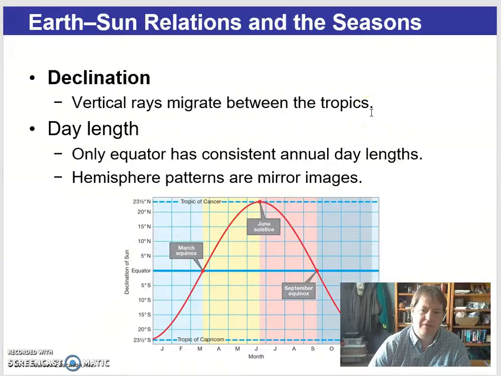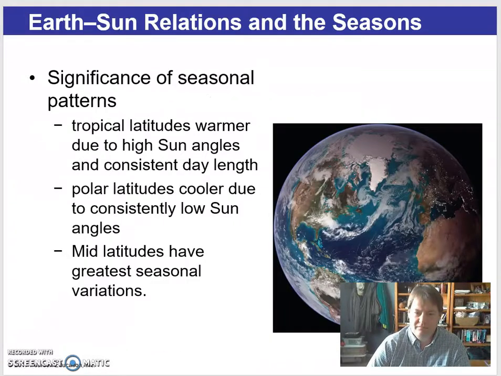Based on the tilt of the Earth's axis, sometimes we see more sunlight in the southern hemisphere, and sometimes we see more in the northern, which depends on where the Earth is with respect to the sun throughout the year. This also impacts day length. Okay, so a lot of significance in seasonal patterns.